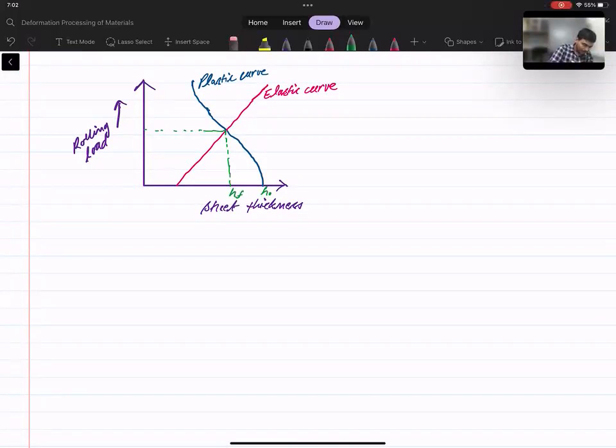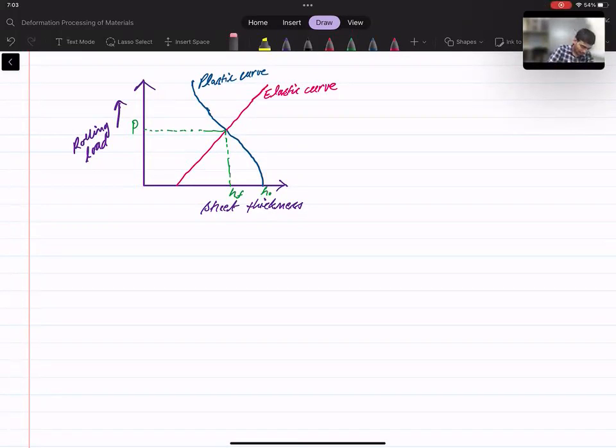So here the load P or pressure P will be required for this reduction. So this is indicated by this elastic and plastic curves. And this distance is nothing but the roll gap or separation between the rolls.